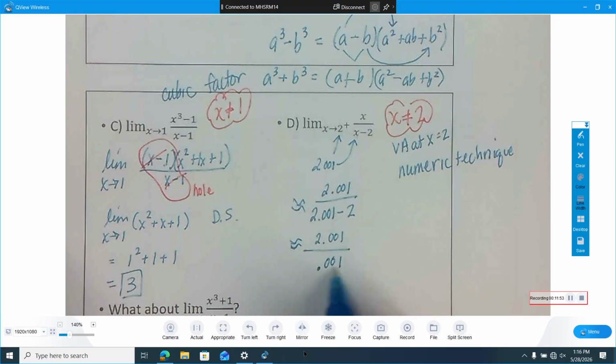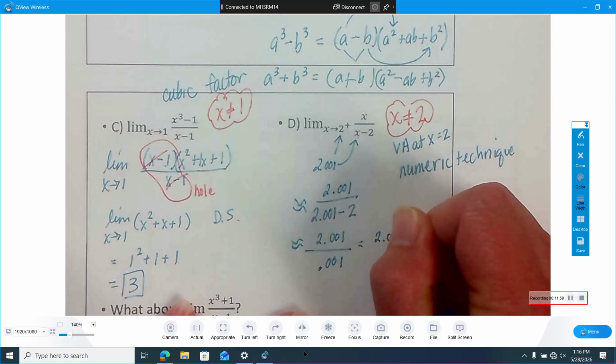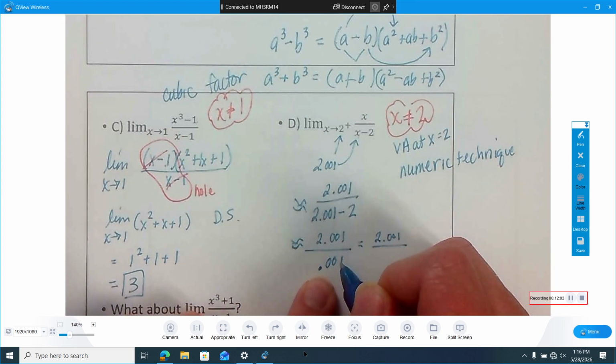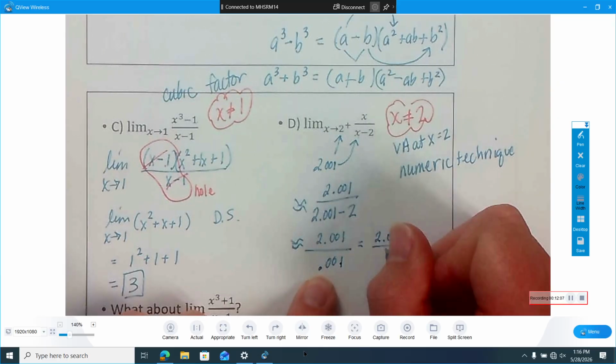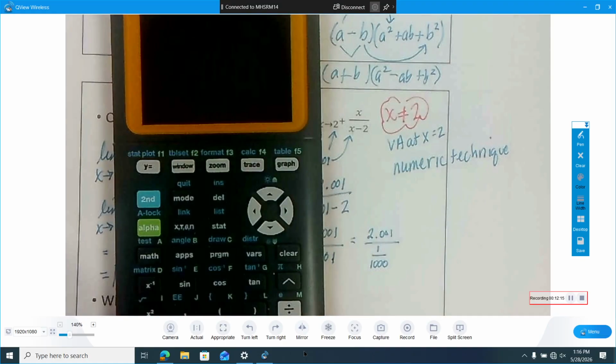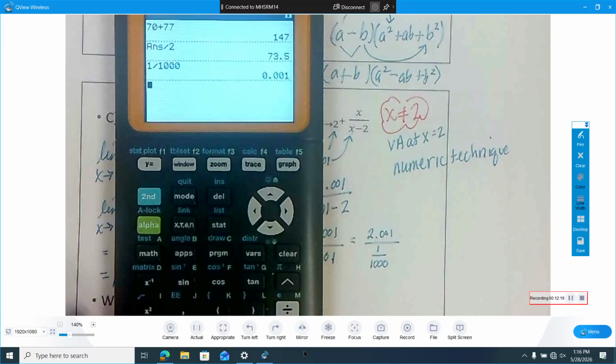This is a very small number, isn't it? In fact, I could say this is 2.001 over 1/1000th. That is the name of this decimal because it is the fraction 1 over 1,000. And you could check if you want, but 1 over 1,000 is 0.001.